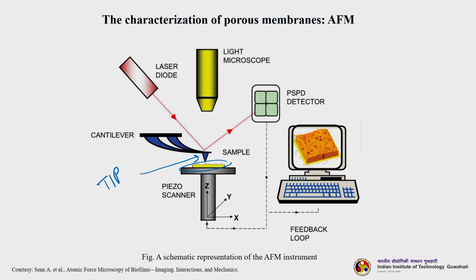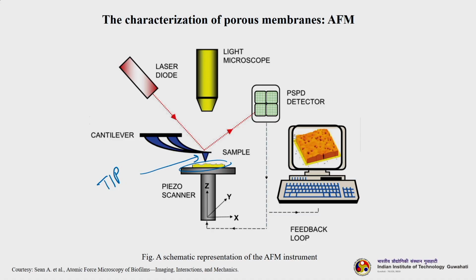Then the types of forces that are generated by virtue of this scanning are detected using a PSPD detector. There can be different types of detectors, and finally this detector amplifies and does many other processing steps, and the result is an image which will look something like this.